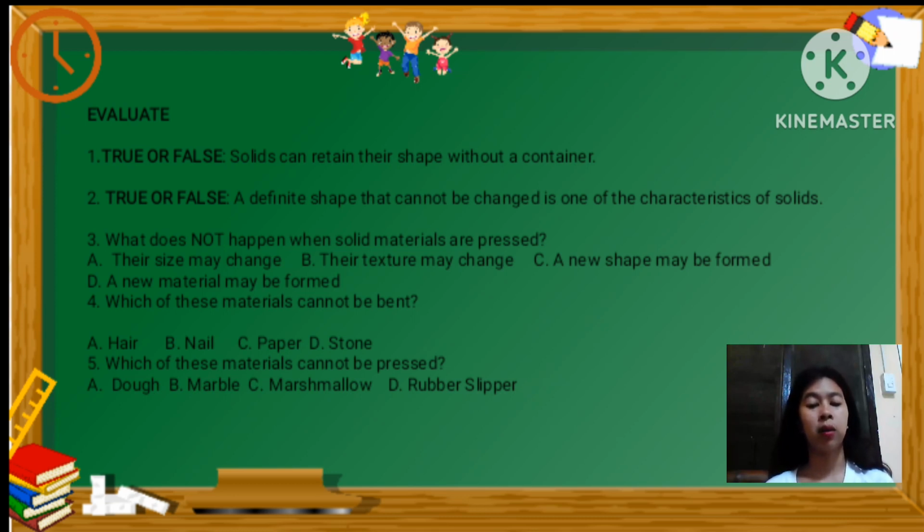Letter C, marshmallow. And letter D, rubber slipper. Who wants to answer again? Okay, your answer is good. The answer is marble. Talagang nakuha nyo na ang ating discussion ngayon. Kung paano natin baguhin ang isang bagay ayon sa kanyang appearance or physical appearance. That's right, class.